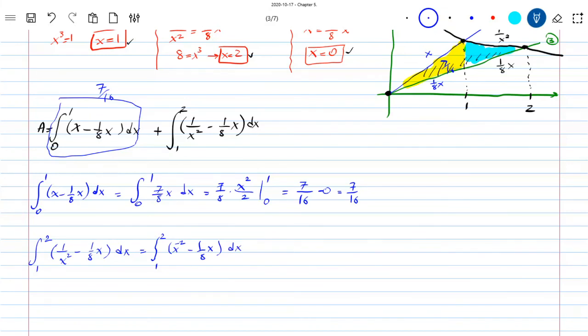And what you get is the integral of x to the negative 2, which is x to the negative 1 divided by negative 1, plus minus 1 over 8 times x squared divided by 2, evaluated from 1 to 2. You can rearrange this again: negative 1 over x, minus 1 over 16 x squared, evaluated from 1 to 2.